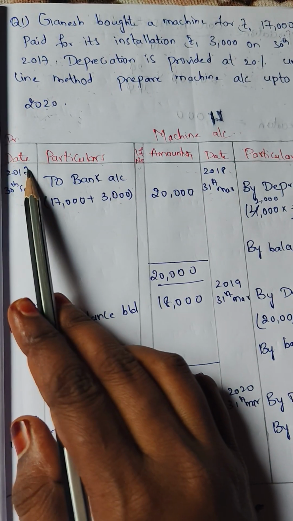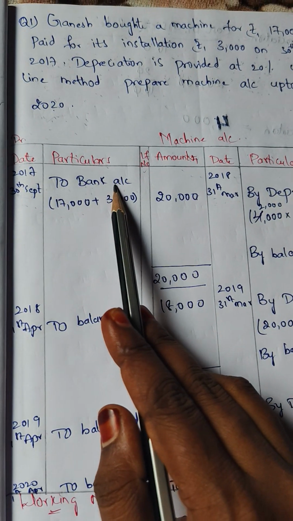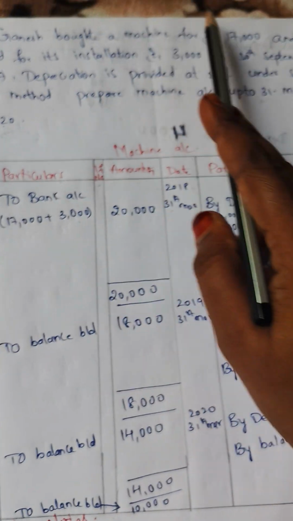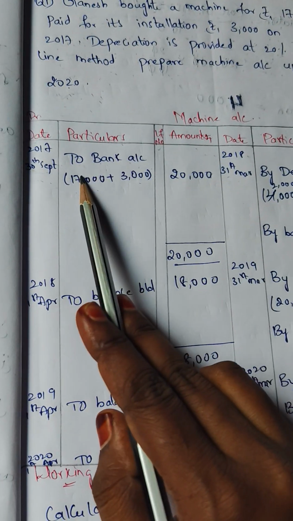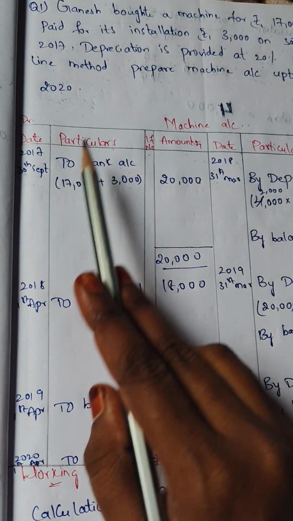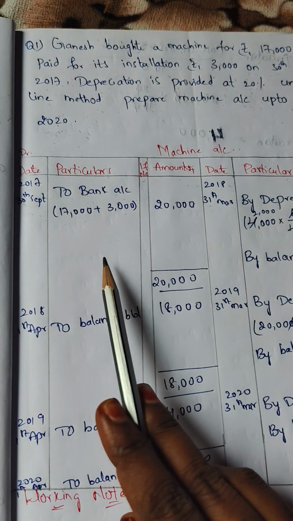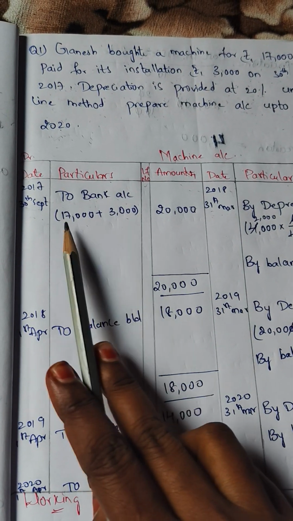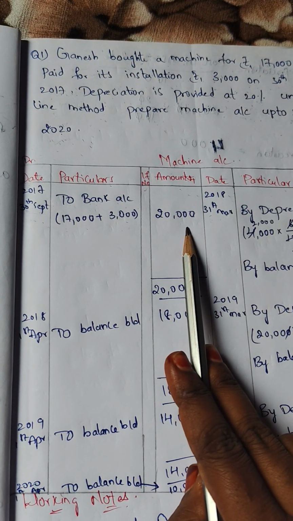In 2017 we are purchasing, so that's why we write here to bank account. He bought the machine at rupees 17,000, so that 17,000 we have to write here, and he paid installation charges 3,000. These 3,000 we have to add here. So 17,000 plus 3,000, we got 20,000.